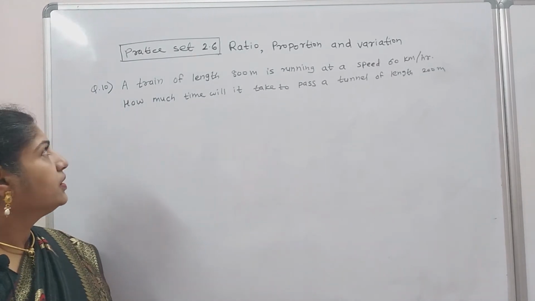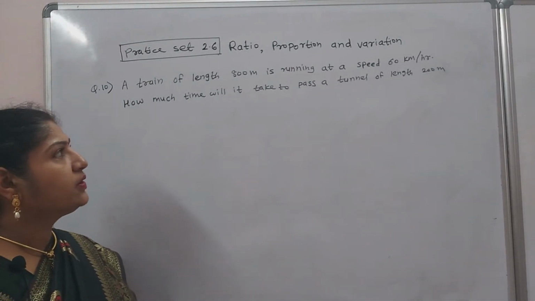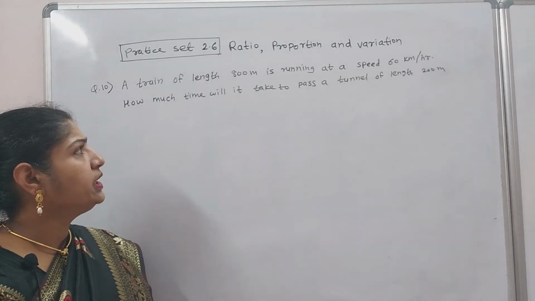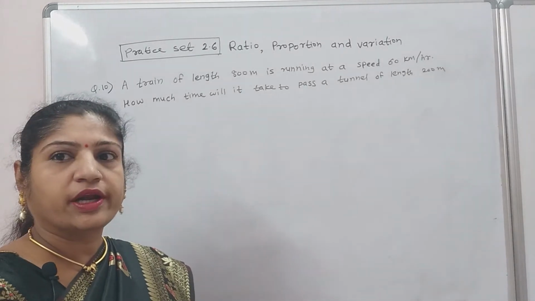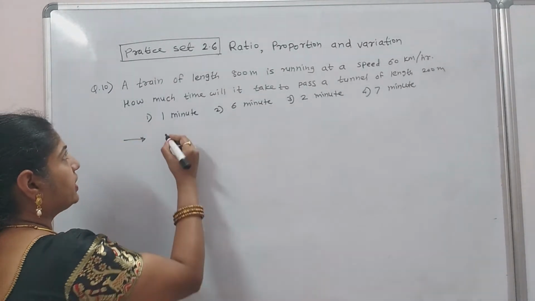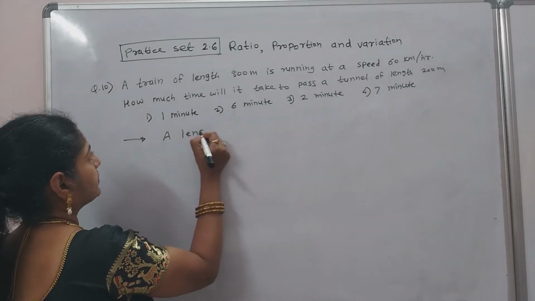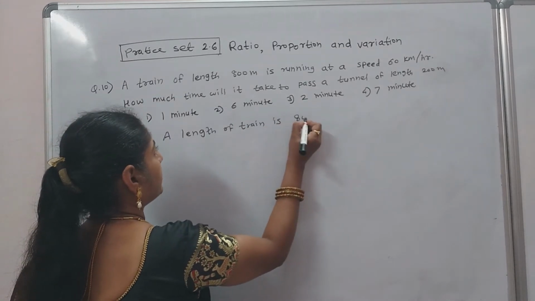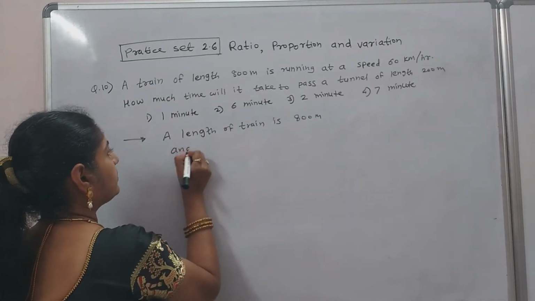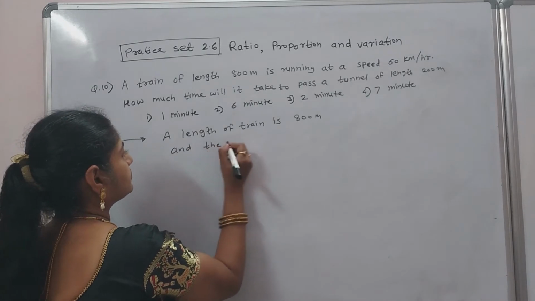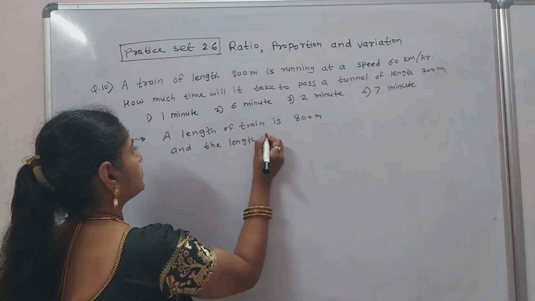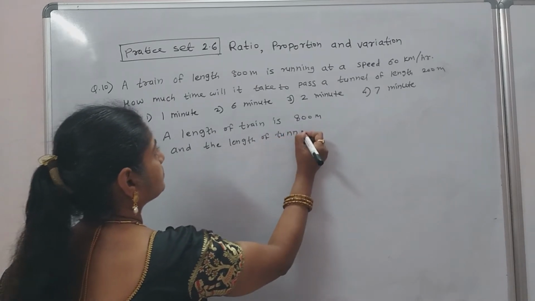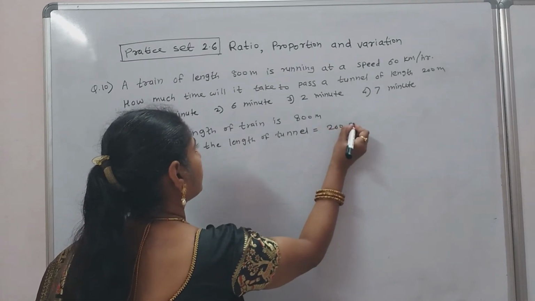Next example, a train of length 800 meter is running at a speed of 60 km per hour. How much time will it take to pass a tunnel of length 200 meter? Length of train is 800 meter and length of tunnel equal to 200 meter.